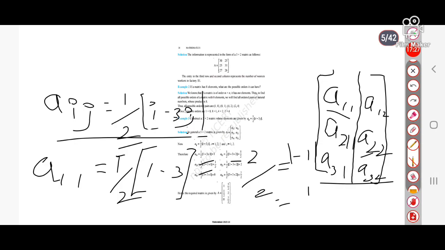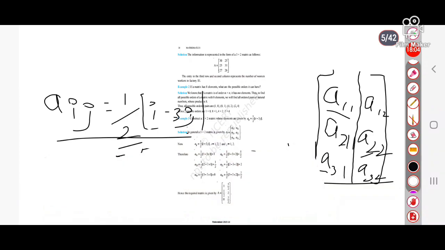So this entire thing is modulus. It's not a bracket, it's a modulus. The representation of any number inside the modulus will always yield a positive number, right? So whatever the number may be, the result will be positive. So again, for A11 we arrive at the answer 1.